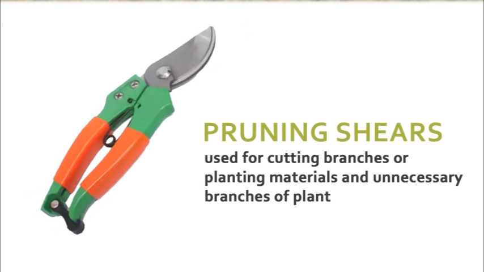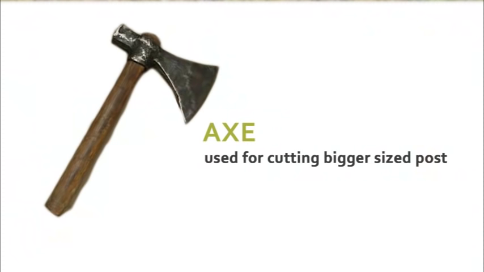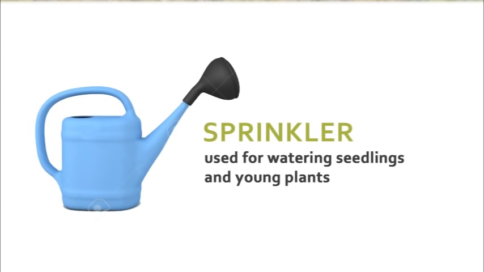Used for cutting branches or planting materials and unnecessary branches of plant. Axe. It is used for cutting bigger size posts. We also have knife, which is used for cutting planting materials and for performing other operations in horticulture.